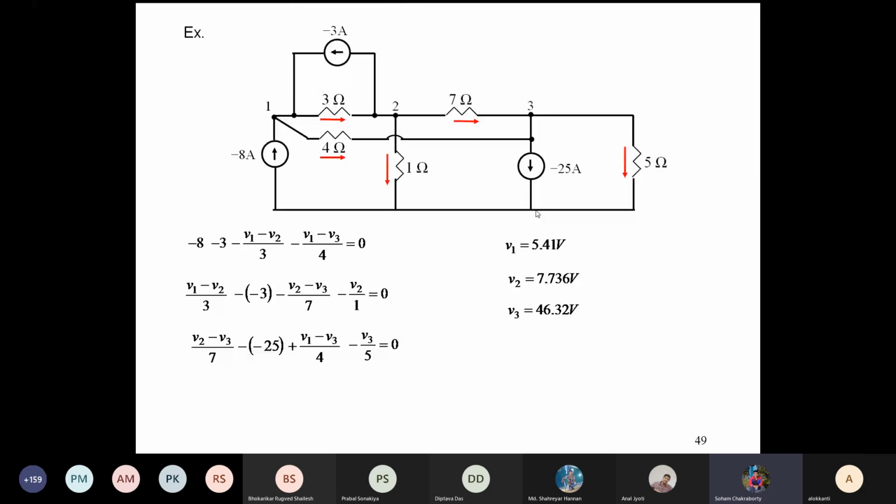Otherwise, the values will be different. But once you are given a circuit like this, where all the sources are connected, the node which is supposed to be the reference is obvious, like it's connected to most elements.